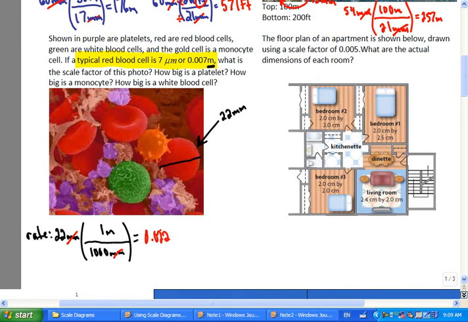So that's how many meters this picture is. I'll just put that in my margin here. It's 0.022 meters.